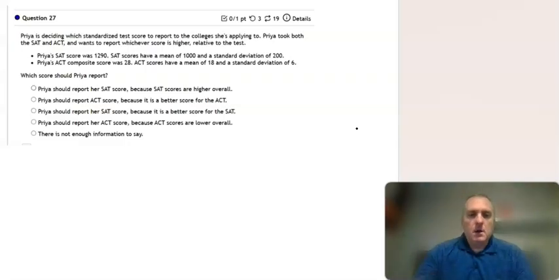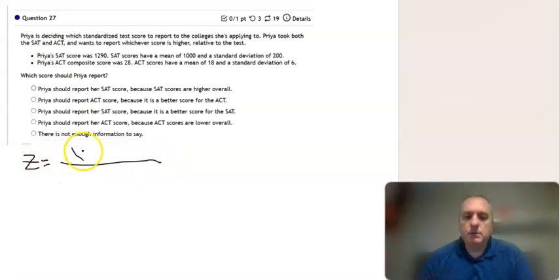So we have all the information we need. We have the score, the mean, and the standard deviation. There is a calculator for calculating z-scores. I'm just going to do it by hand because it's not terribly difficult. The z-score is always equal to the data value, which we call x, minus the mean, which is that mu symbol, over the standard deviation.